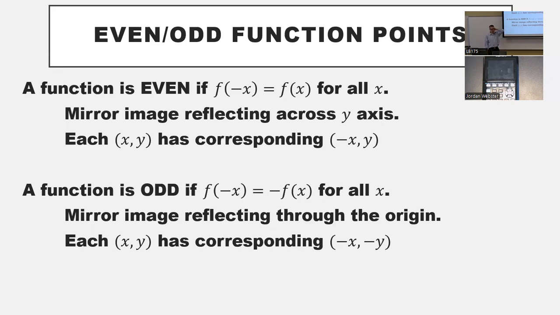An odd function, if I have an ordered pair of x comma y, has a corresponding ordered pair of -x comma -y on the graph. That's really what we mean by reflect through the origin. You just negate the x, negate the y on every point.